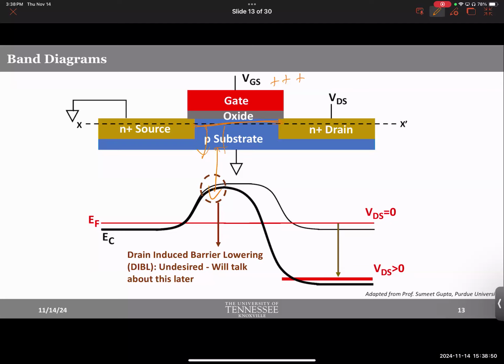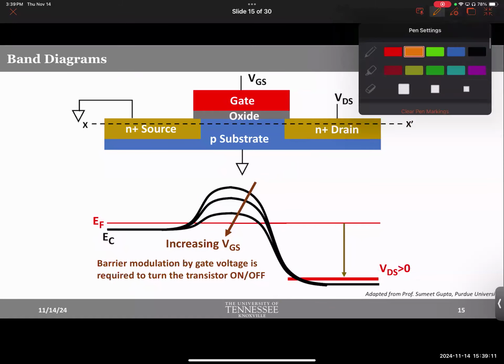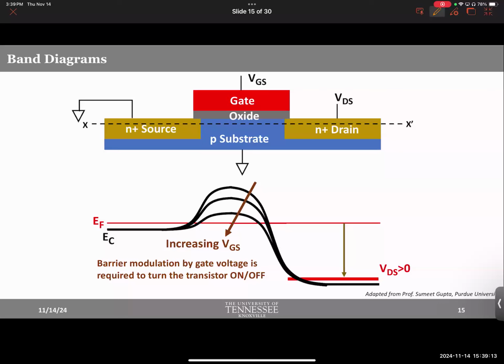This process could be summarized or simplified quite easily in terms of lowering the barrier. You're basically lowering the barrier. Yes, by adding a voltage to the gate, you lower the barrier for the electrons to move from here to there. Okay, so if you go to this slide, these are all the same color, so it's difficult to understand.